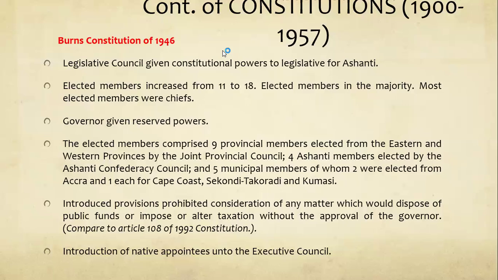You needed to have the ability to speak and write the English language, and you also needed to have property of not less than 200 pounds. So if you were a man of straw, a poor man like me, you couldn't be elected to represent these municipal members.